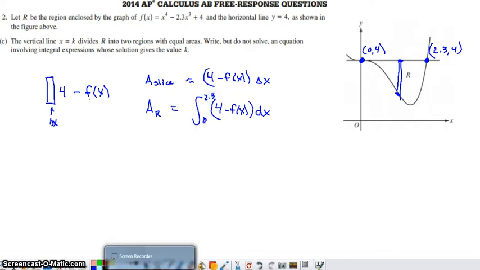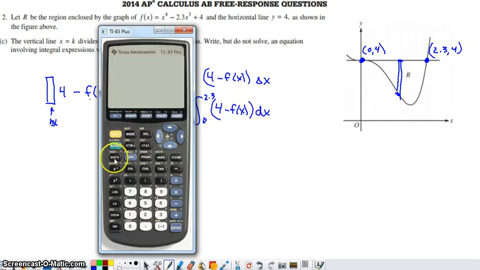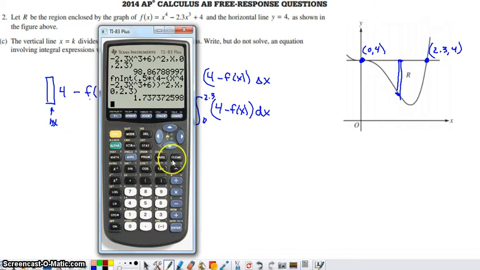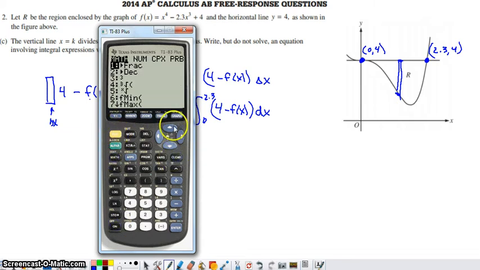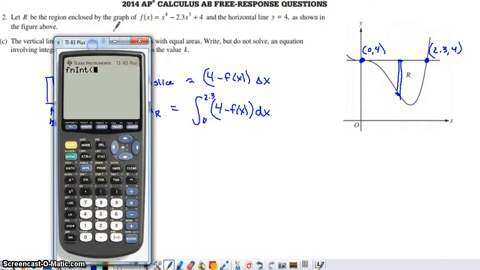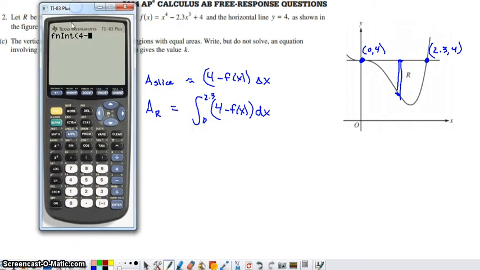This is an integral that you can definitely break out the calculator to evaluate. So if we wanted to evaluate this on the calculator in the math menu, we can get the function integration feature. We can type in our integrand, which is going to be 4 minus f of x. Have to be careful with your grouping symbols here. So here's f of x, so I need to get all of f of x subtracted from 4.